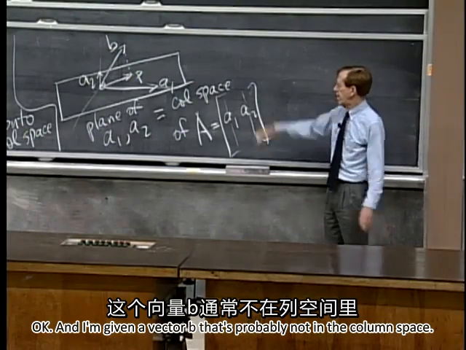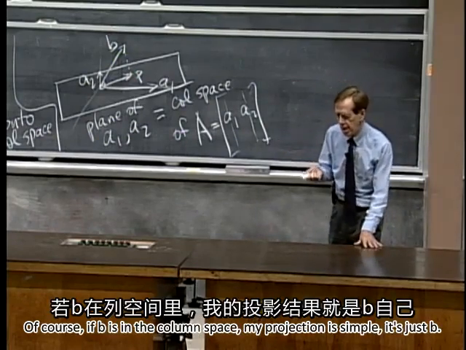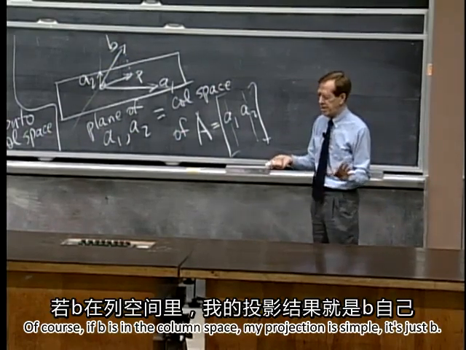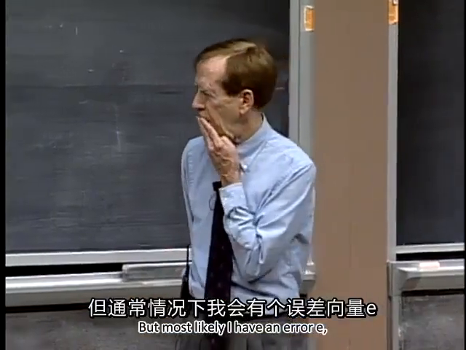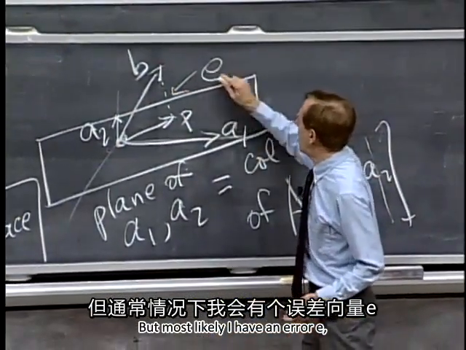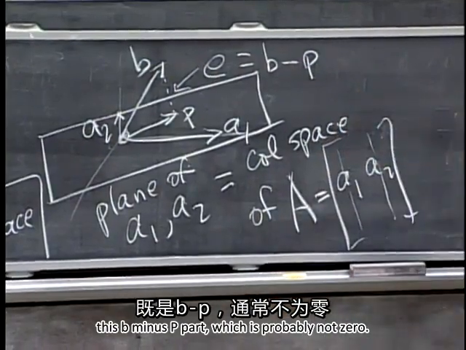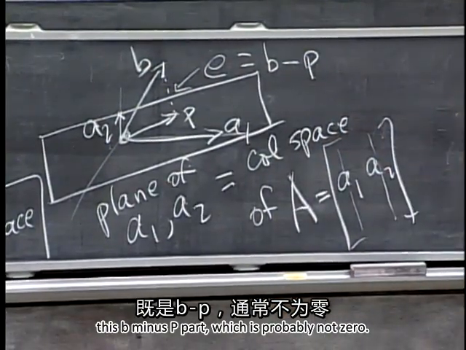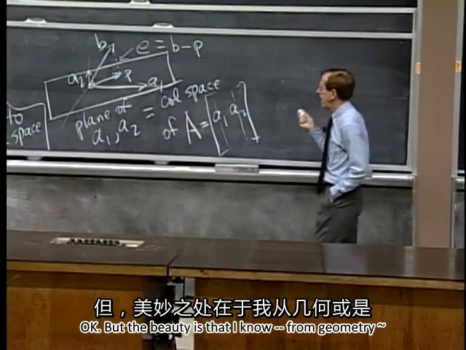Okay. And I'm given a vector B that's probably not in the column space. Of course, if B is in the column space, my projection is simple. It's just B. But most likely, I have an error E, this B minus P part, which is probably not 0.